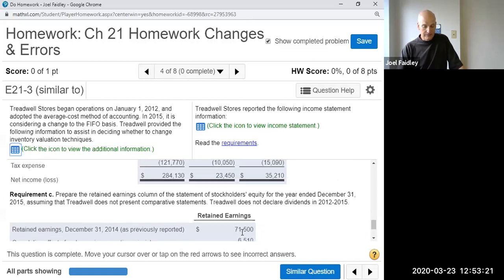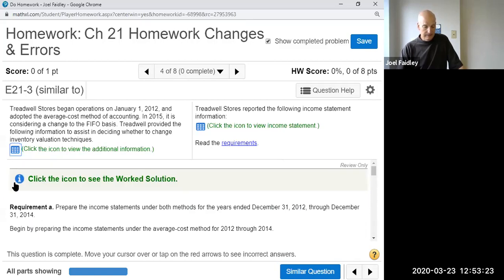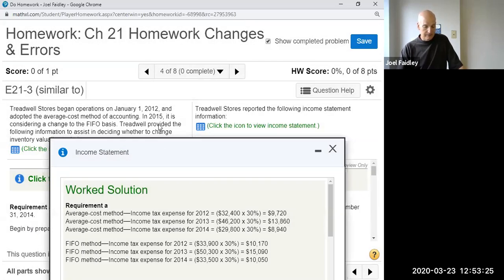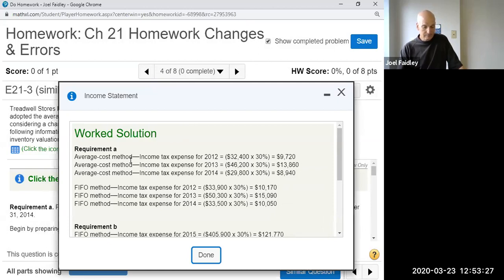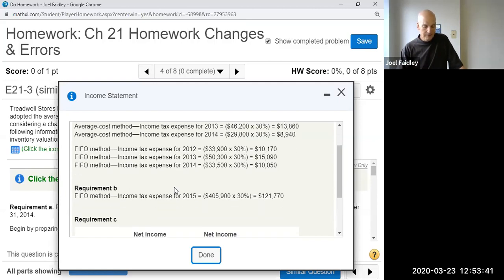All right, let me go up here and click on the solution, see if that adds any insights beyond me just talking about it. You do have to calculate the income tax expense on each of those. It gives you the rate for average cost and also for FIFO for the 3 years that you're making a prior period adjustment for. Then requirement B, because that's what you're adopting, right?